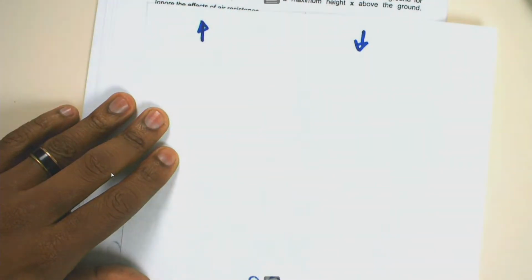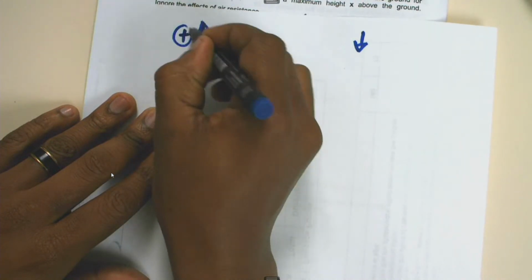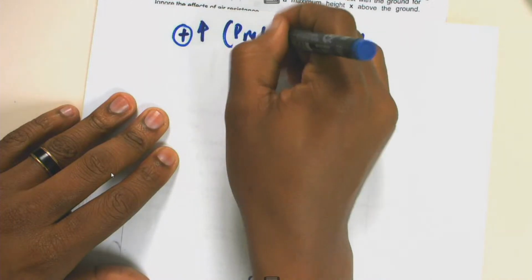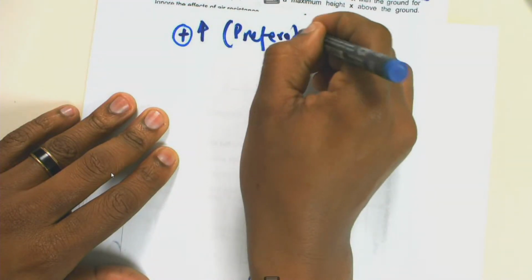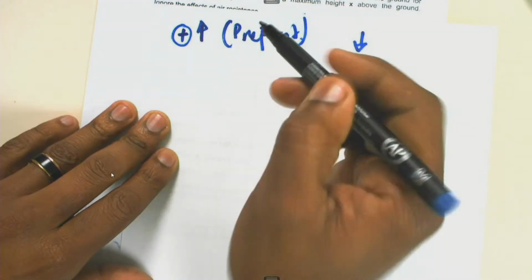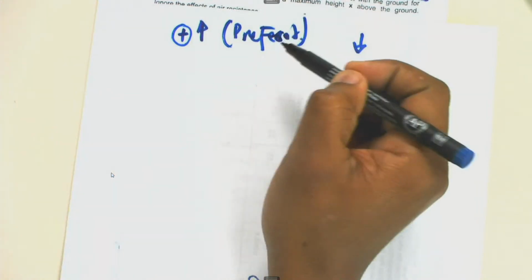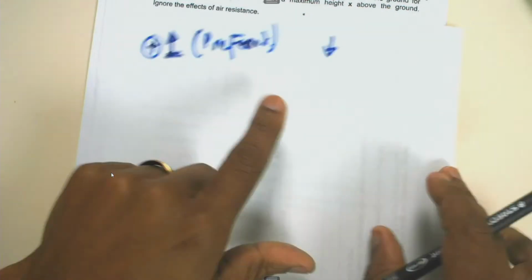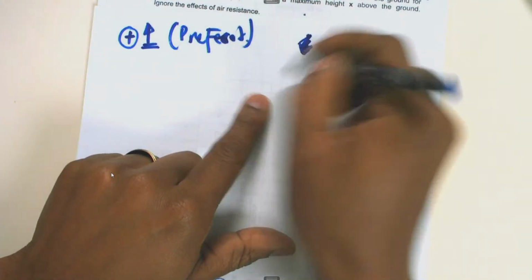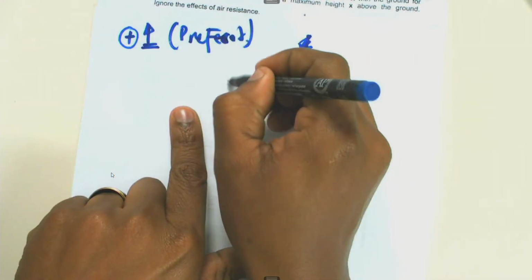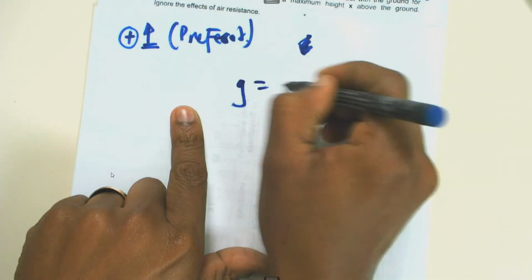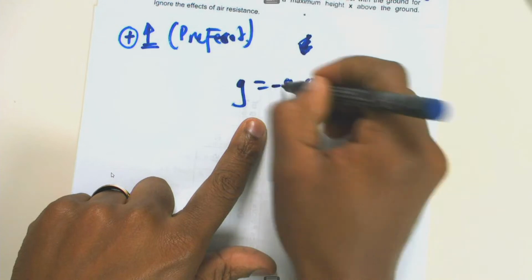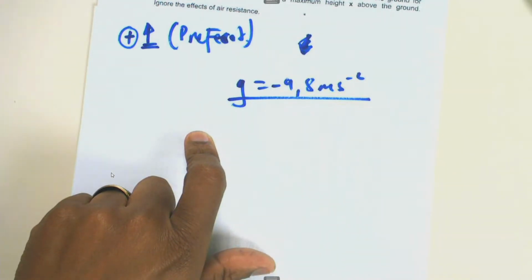So the best thing to do is choose your direction. I always prefer to say, let's choose upward as positive. Now, what does that mean? It means everything that is going down, for instance, your g, which is equal to 9.8 meters per second squared, will now be negative in most cases.